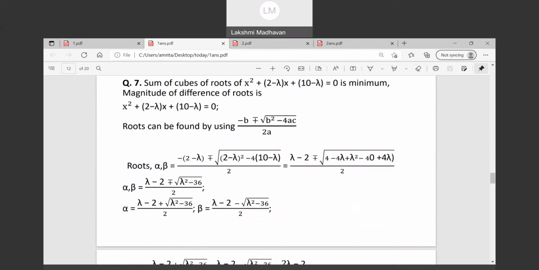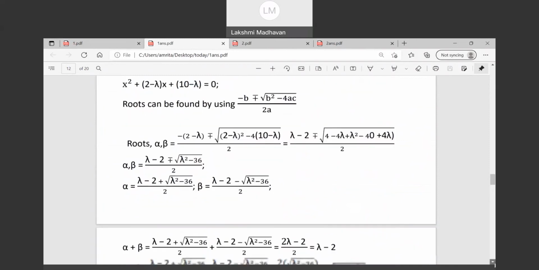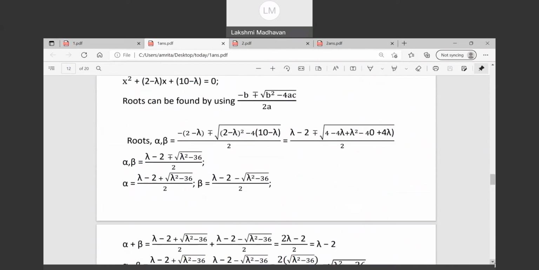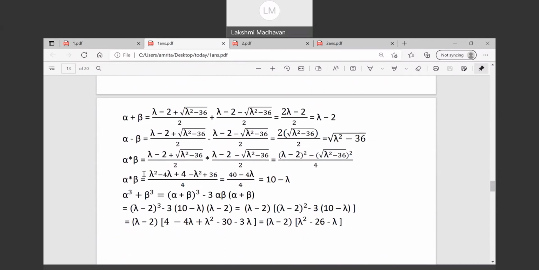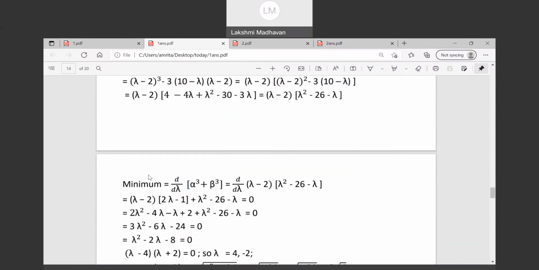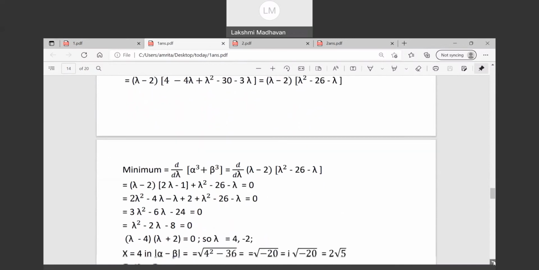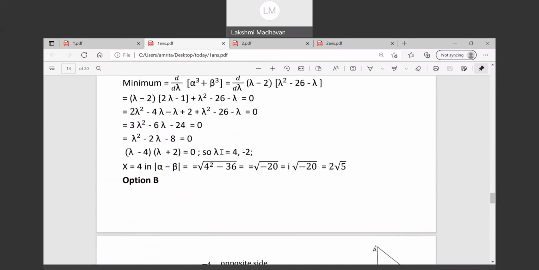First we assumed the roots to be alpha and beta, and we found their values. Then we calculated all the sections needed for this cube part: alpha plus beta, alpha minus beta, alpha beta. Then we substituted this, and once we had the equation, we had to find the minimum value. So we differentiated it and equated it to 0. We took the value from here, substituted it in the magnitude portion, and found the value.